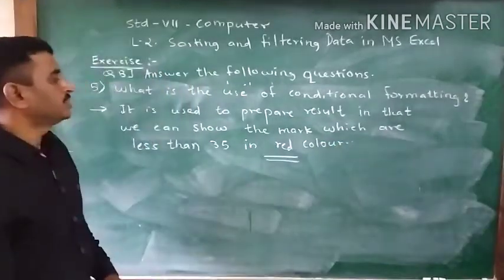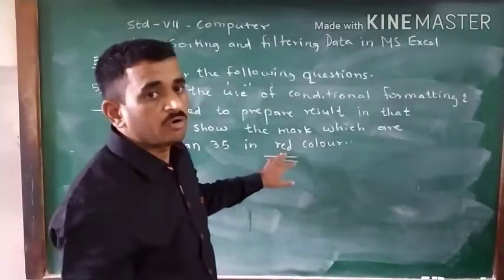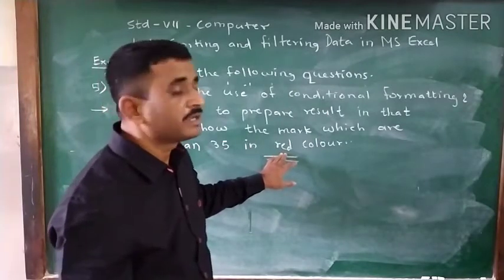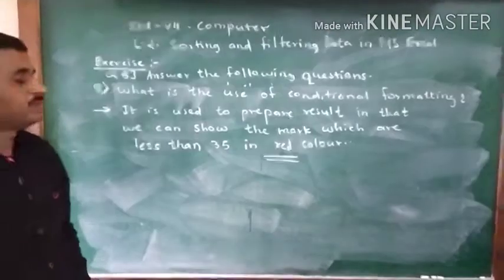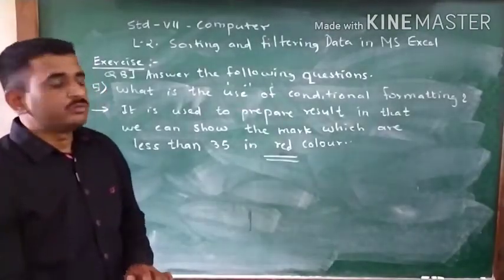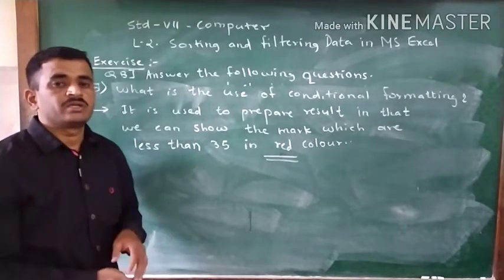So this is the condition, less than 35, and the format of the box or the number is red color. So by using conditional formatting, we can easily find out which students are getting less than 35 marks, which are failing in that subject.